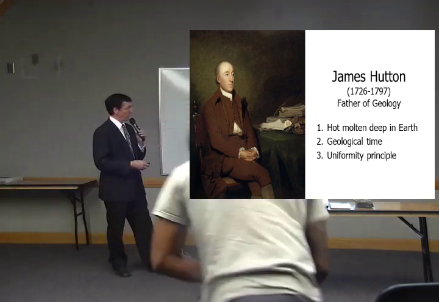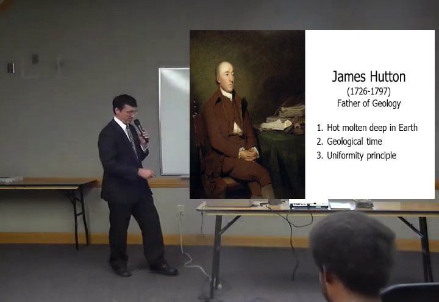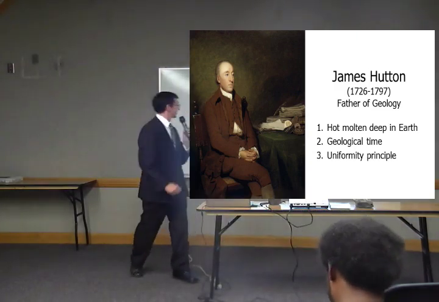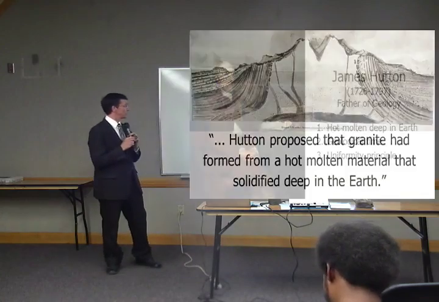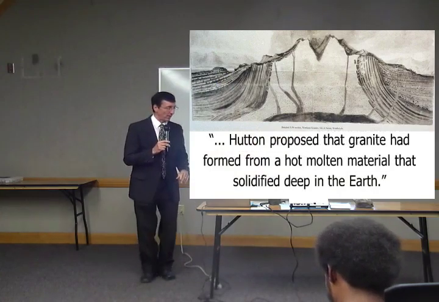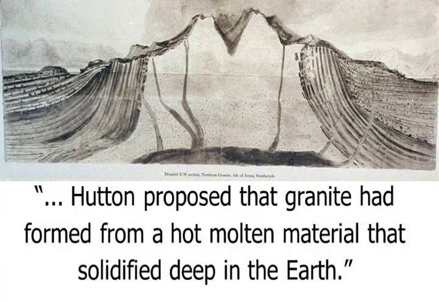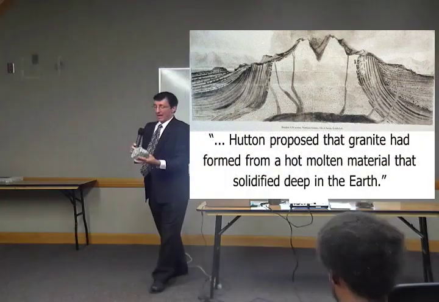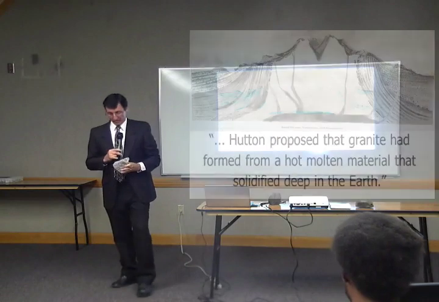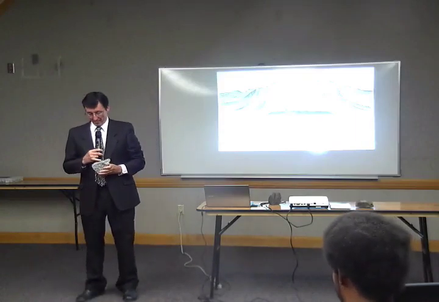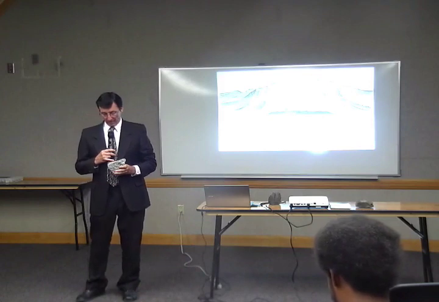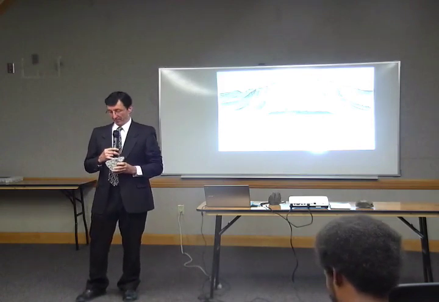He also proposed that granite had formed from a hot molten material that solidified deep in the earth. So I'm going to pass around this piece of granite here. One of the things you'll notice, the white is a quartz-based crystal, like quartzite. And then there are other specks.